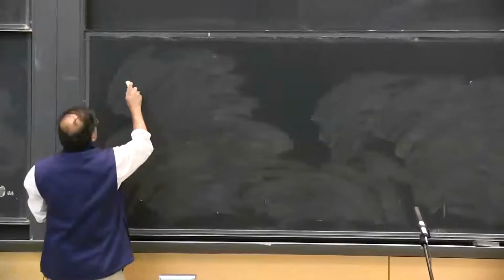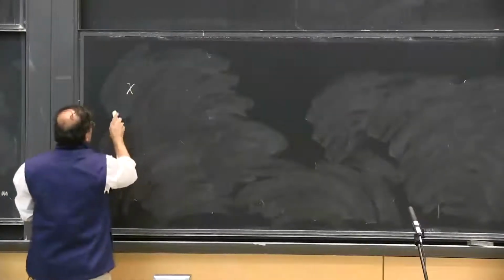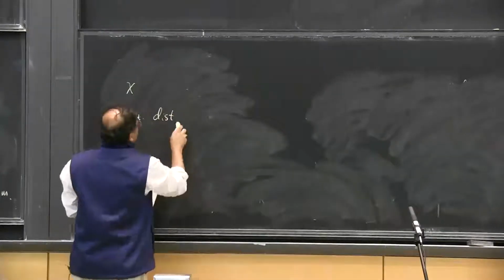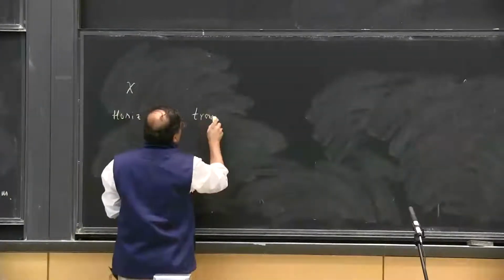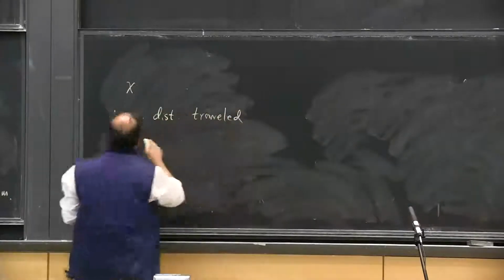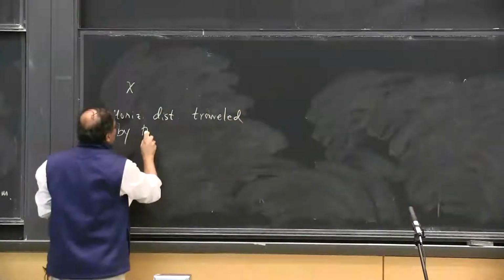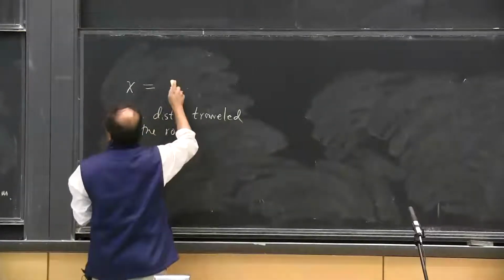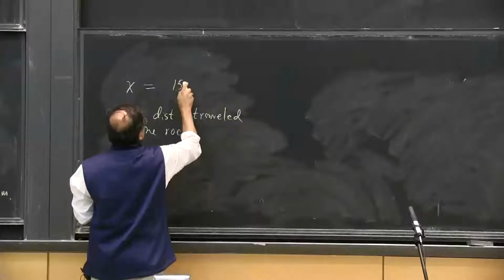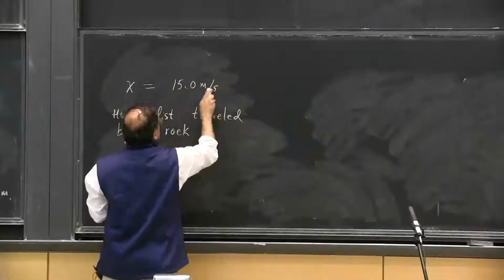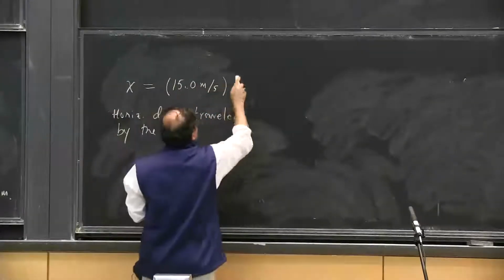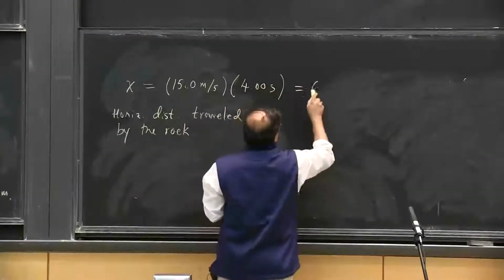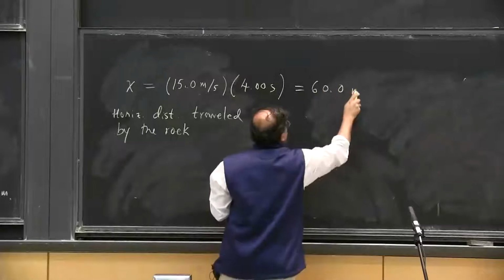So let's call that distance x. This is the horizontal distance traveled by the rock. And that would be x equals 15.0 meters per second, that's the speed, times time, which is 4.00 seconds. So 15 times 4 is 60, so that's 60.0 meters.